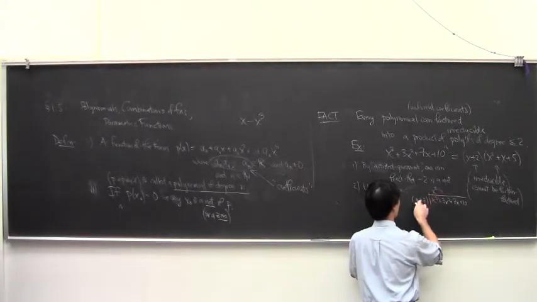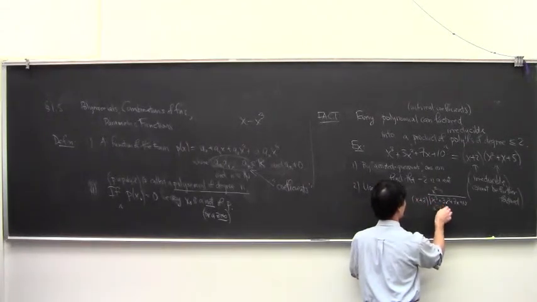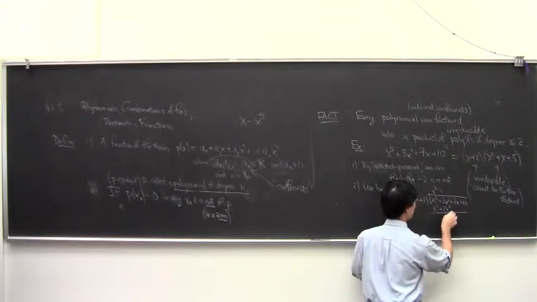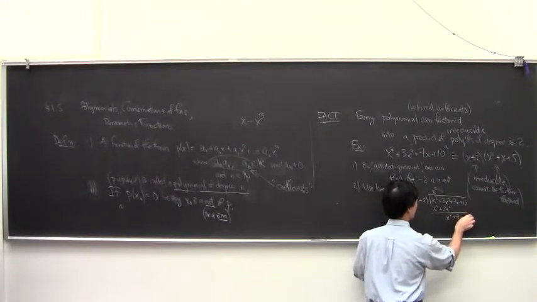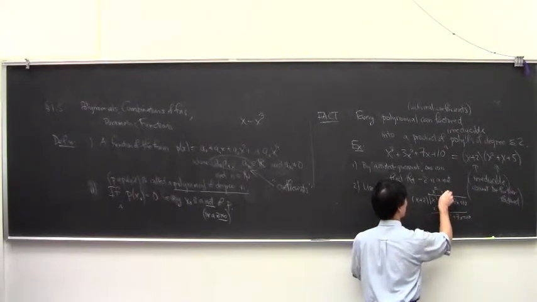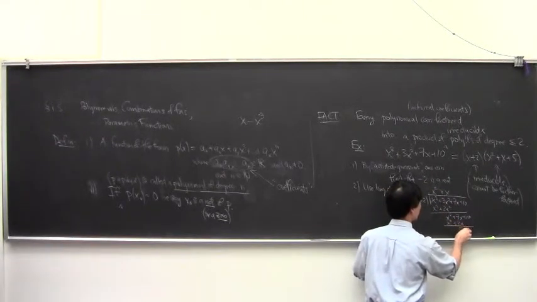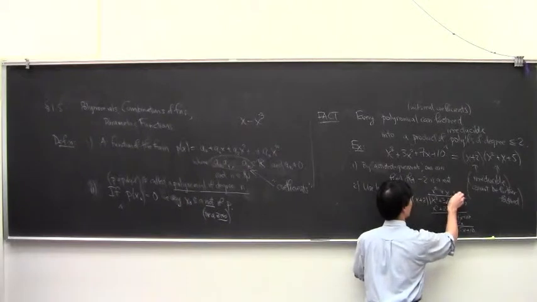So, x squared gives me x cubed plus 2x squared. That leaves x squared plus 7x plus 10. So you get x squared plus 2x, then 5x plus 10, and you get 5.